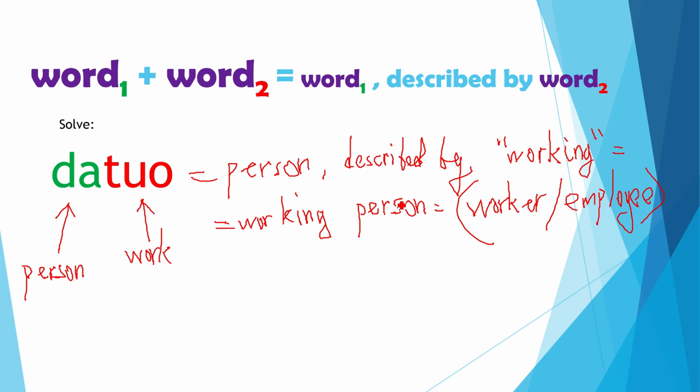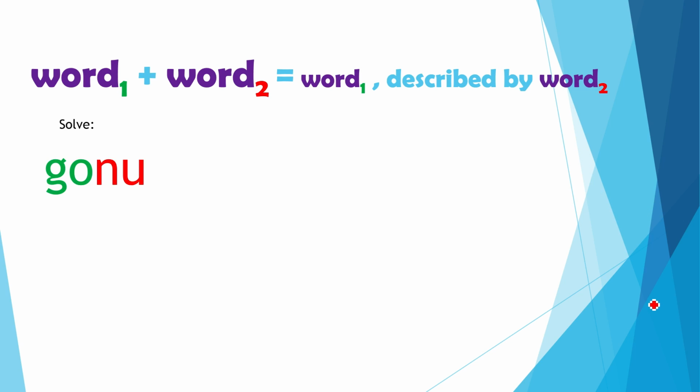Okay, let's consider another one. Gonu. So what does it mean? Let's solve it. Well, before that we were just describing nouns, basically. The previous 3 examples were about nouns.